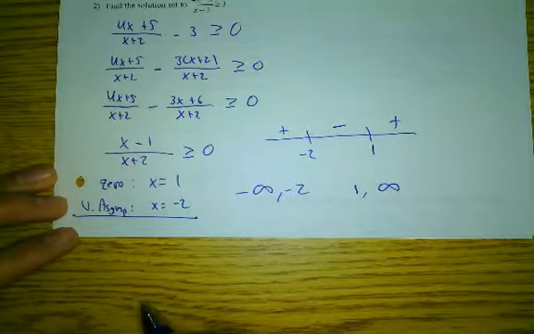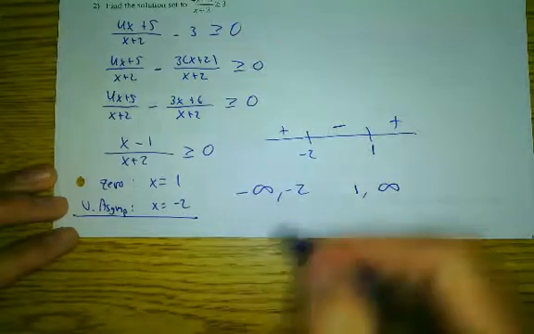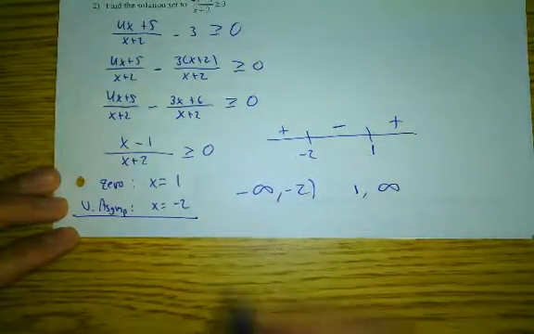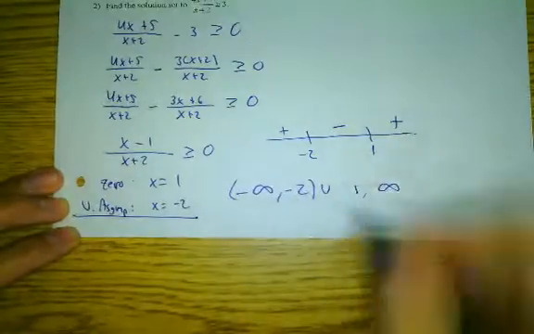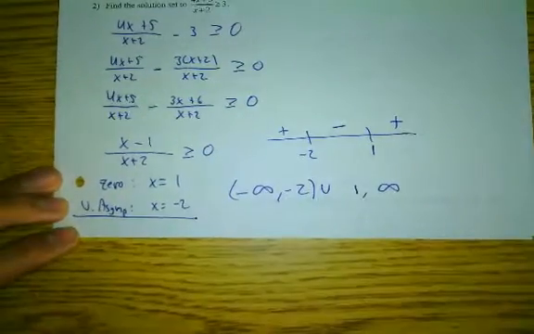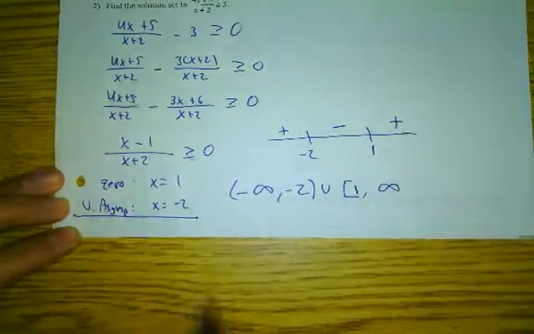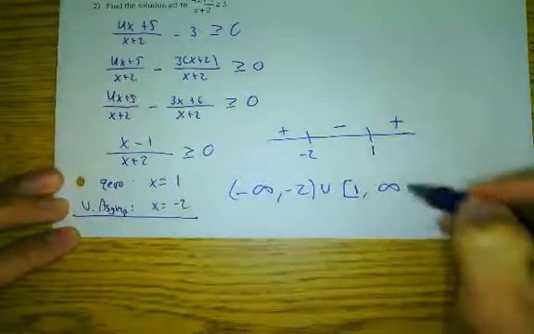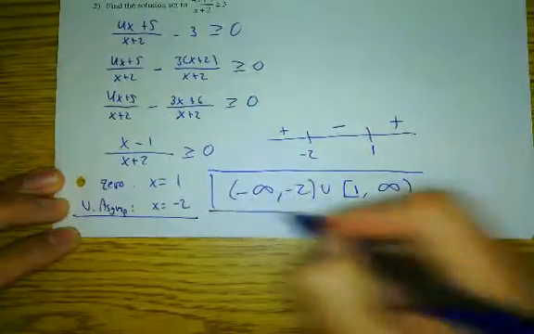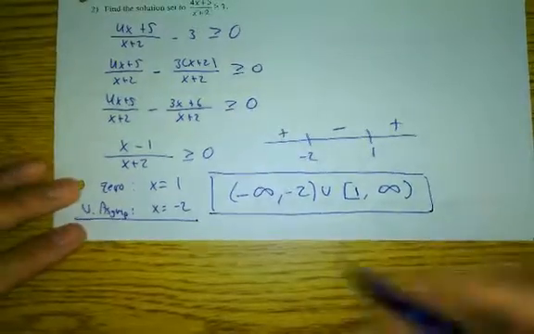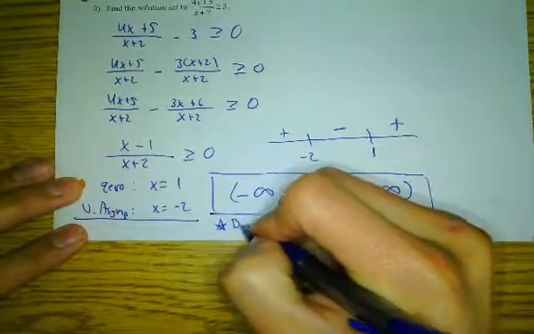And that should be your answer. So be very careful. Do not use a bracket when the asymptote is present.